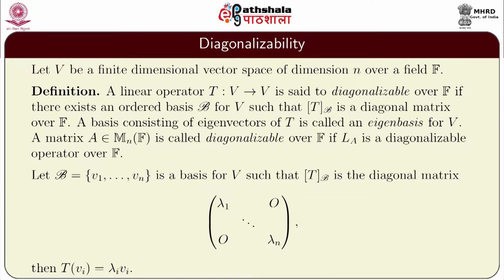Then it is clear that T of Vi is equal to lambda i Vi. Therefore, these basis vectors V1 to Vn are also eigenvectors for the operator T.